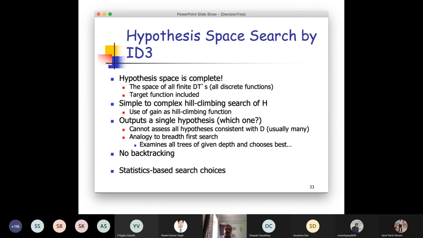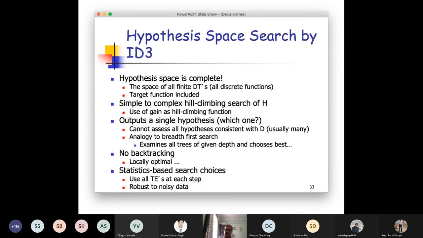Whatever traversal we follow in breadth-first search, the traversal for formation of the tree, creation of the nodes, also follows a similar order. It has no backtracking, and it is locally optimal, because at every node you are splitting with respect to the maximum information gain, and it uses all the training examples at each step.